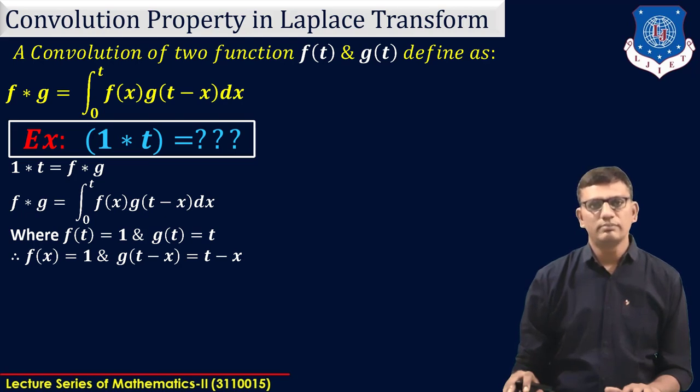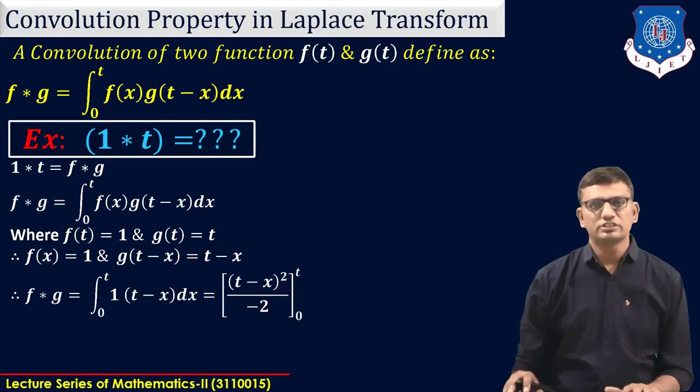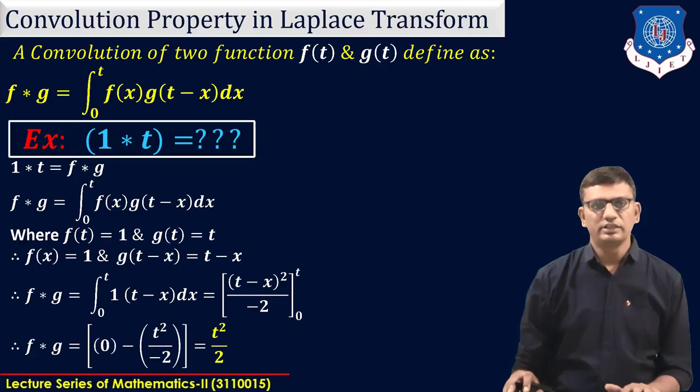So f star g equals the integration from 0 to t of 1 into (t minus x) dx. After integrating we get (t minus x) whole square upon minus 2, with limits 0 to t. After putting in the limits, the upper limit gives 0 and the lower limit gives t square by minus 2. After simplifying, the answer is t square by 2. So we can say that 1 star t equals t square by 2.